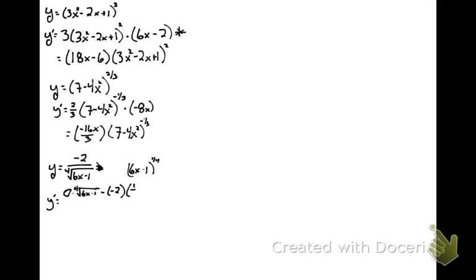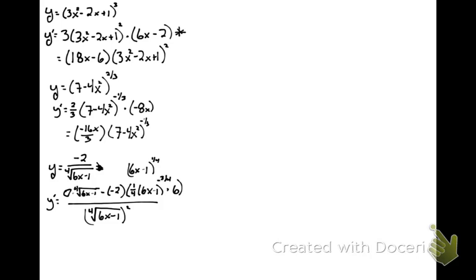So this will be 1/4 times (6x - 1) to the negative 3/4 power times the derivative of the inside, which is 6. And this whole nasty thing is over the denominator squared. So the 4th root of 6x - 1, squared.